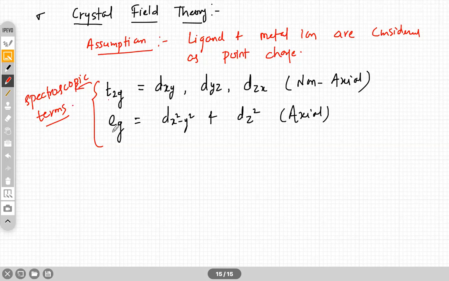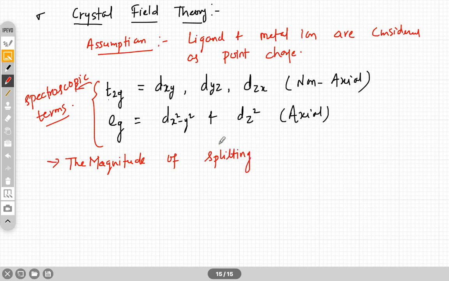Write down the next line: the magnitude of splitting depends on the following factors.